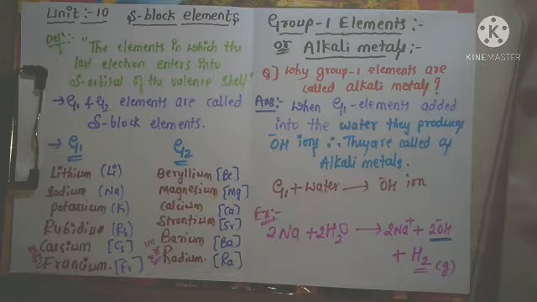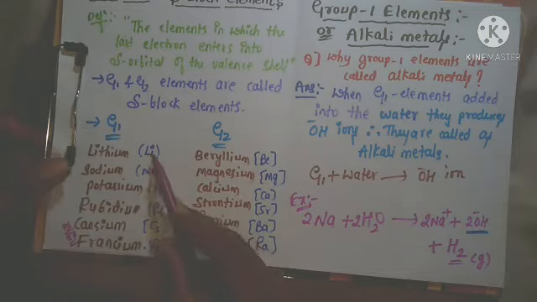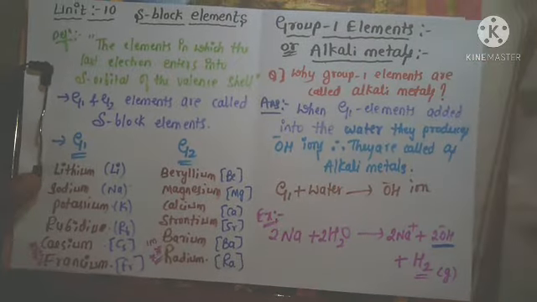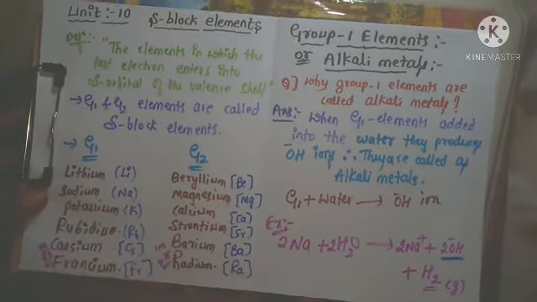Now next we will go for the electronic configuration of the group 1 elements. Group 1 elements here: lithium, sodium, potassium, rubidium, cesium, francium. I will write the electronic configuration of all these elements. Now for this one I will take another paper.